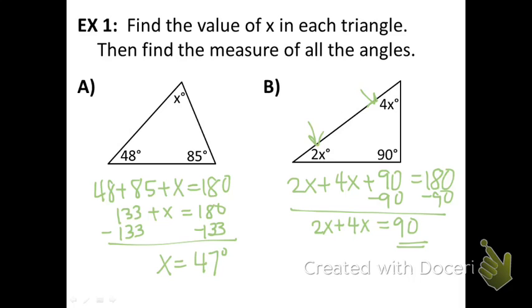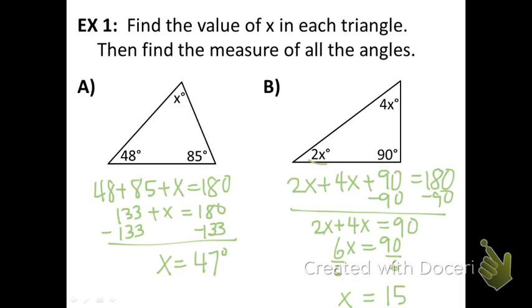That means they add to be 90, so that gives you a shortcut if you recognize it. Then we combine like terms to get 6x, and divide by 6. And x equals 15.